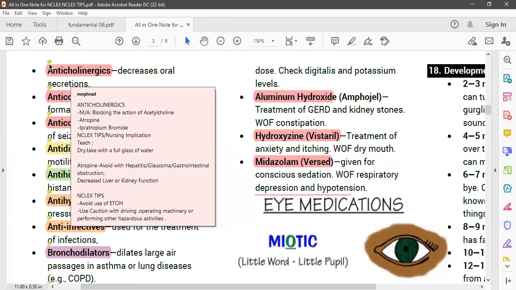Also, use precaution when driving or operating heavy machinery or performing other dangerous activities, like driving a car or dealing with any machine where they need alertness. It is good to avoid.